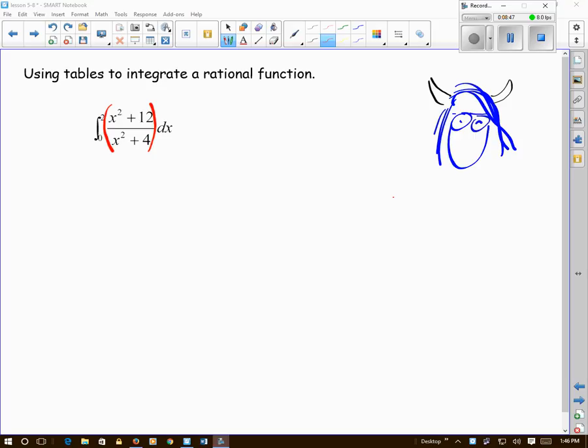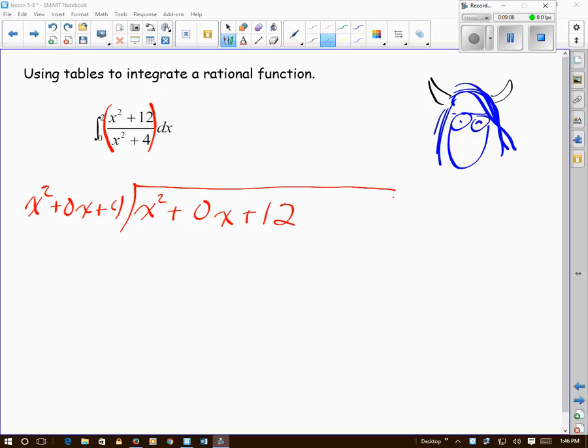Well, the integrand is a division, right? So can we take that and divide? X squared plus 0x plus 4, and we want to see how many times that goes into x squared plus 0x plus 12.